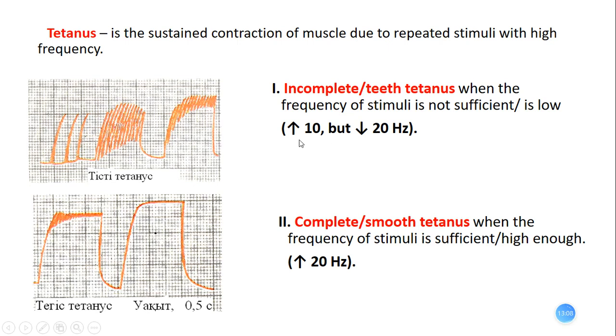If the frequency of stimuli is not sufficient or low, for example higher than 10 Hertz but lower than 20 Hertz, we will get incomplete tetanus. And if the frequency of stimuli is high enough, higher than 20 Hertz, we will get complete tetanus.